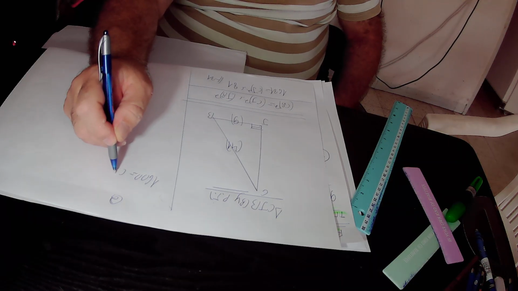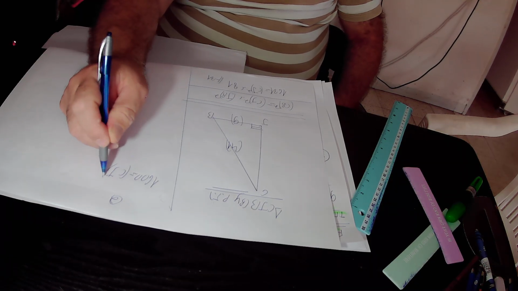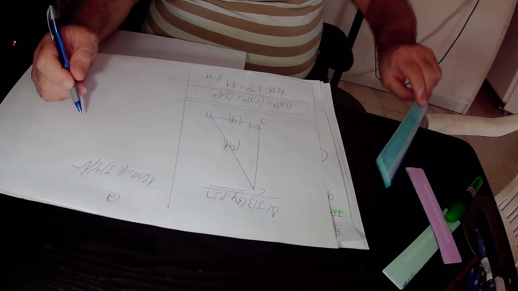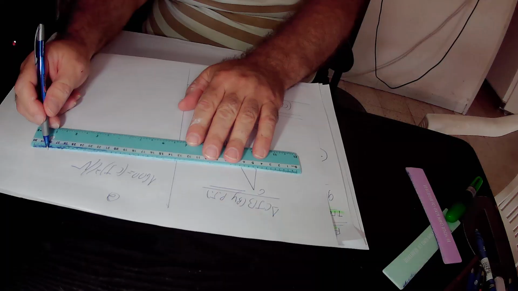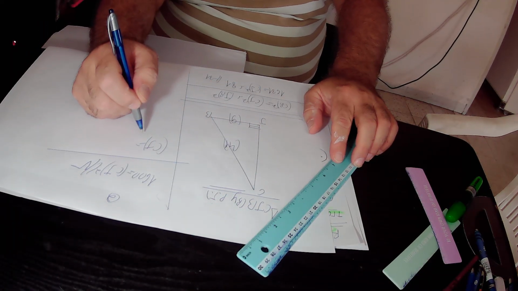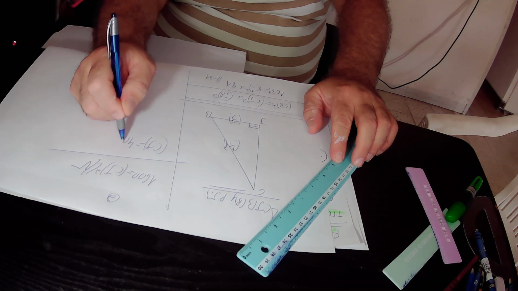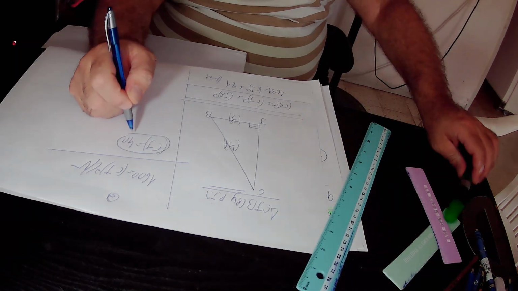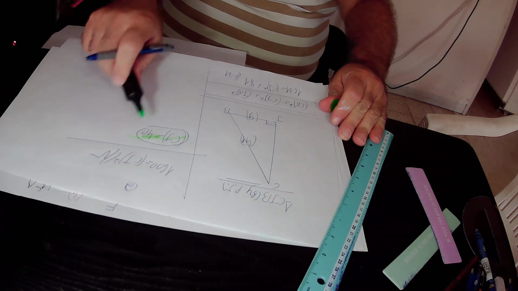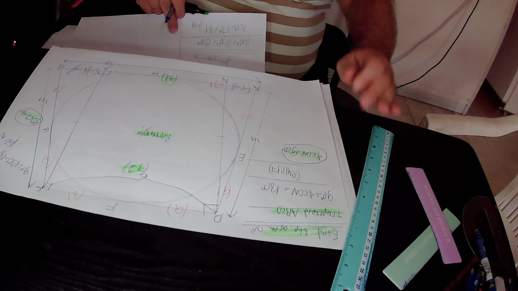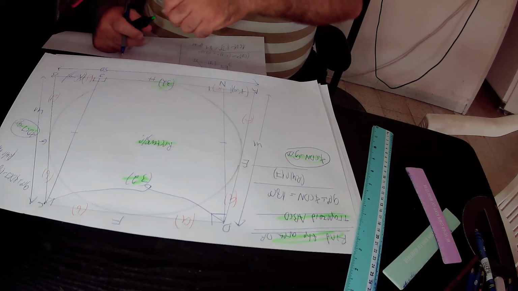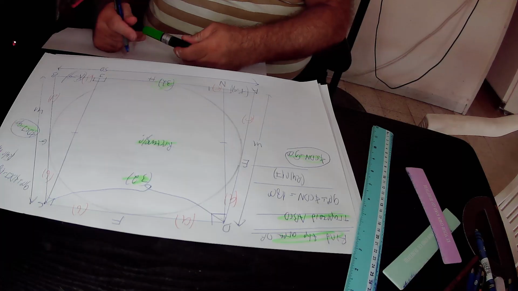So CJ squared equals 1600. Here we take the square root of this equation, and finally we get that the missing side CJ equals the square root of 1600, that is 40. So this is the missing side CJ, which equals 40 units in length.